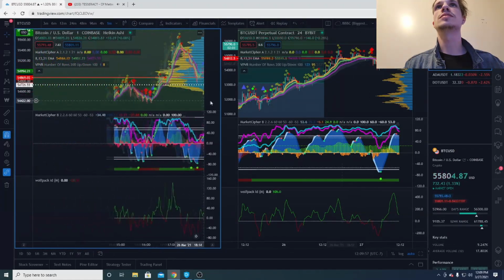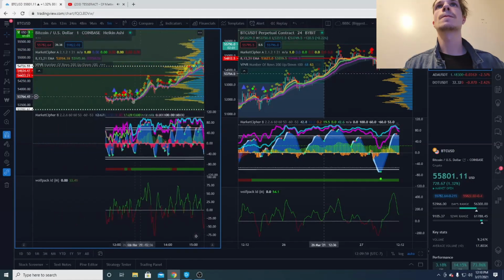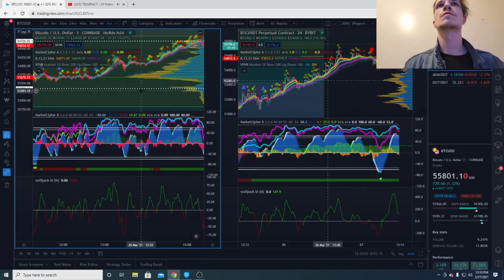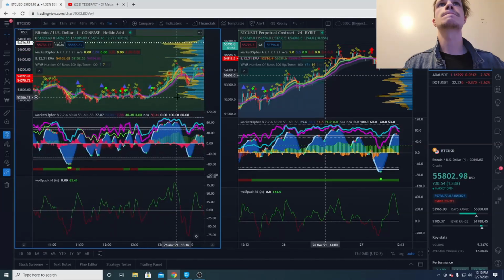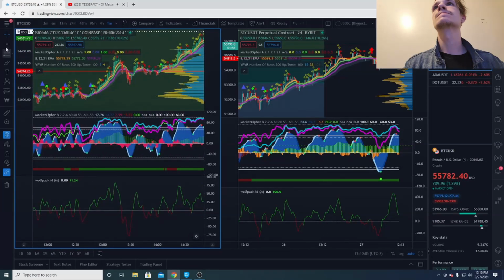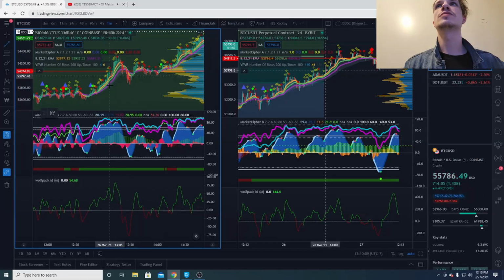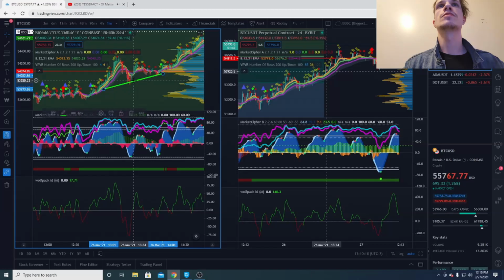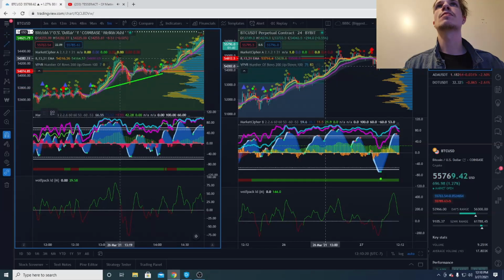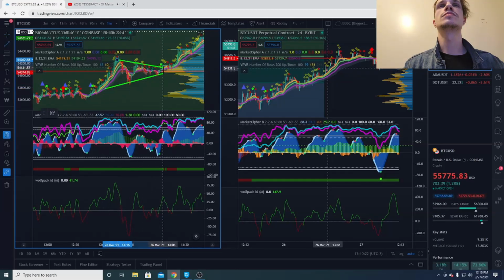So let's see, I need to try to find one real quick. Right here, we got one right here. So an ascending triangle is when your triangle will go up, will be pointing up. Oh my gosh, everything is really glitchy right now. Boom.